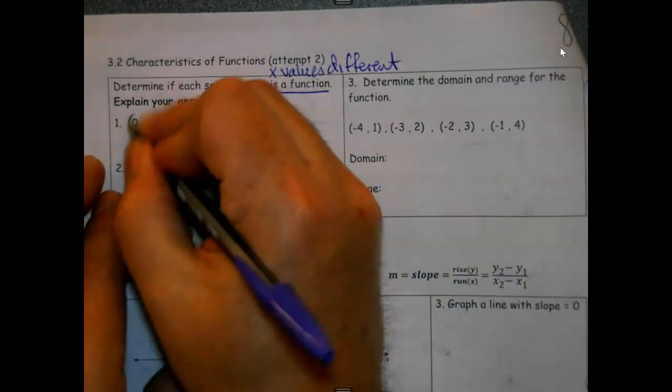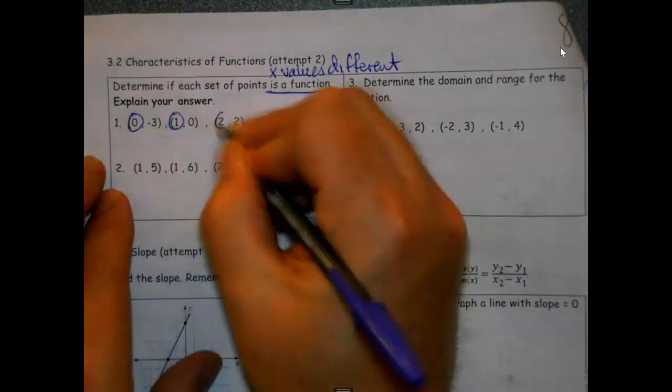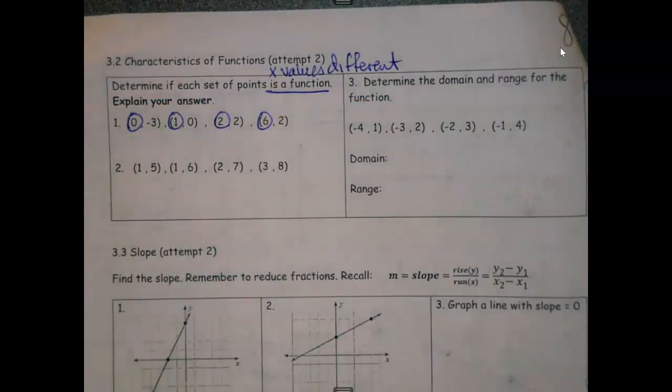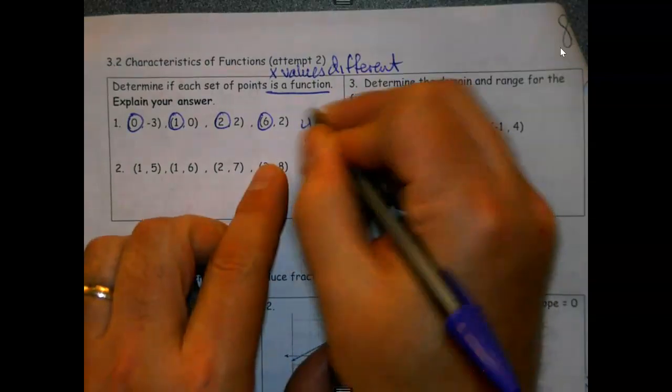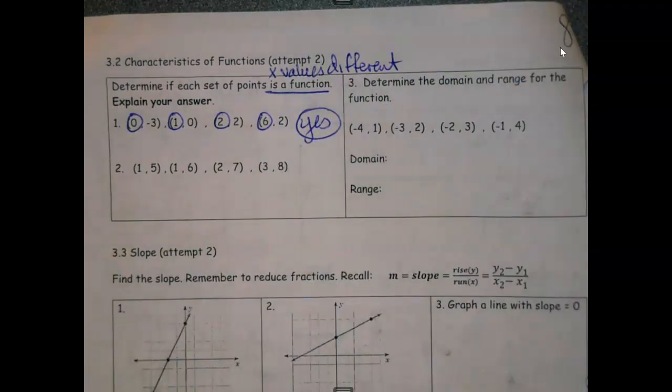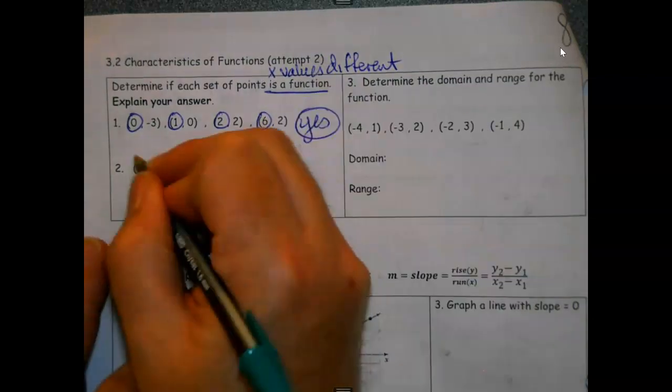So if I look at just the x values, and they're all different, all you're doing is looking at those numbers I circled. If they're all different, it's a function. Yes, sir? Yes, but that'd be the exact same point. So that wouldn't come in as much handy.